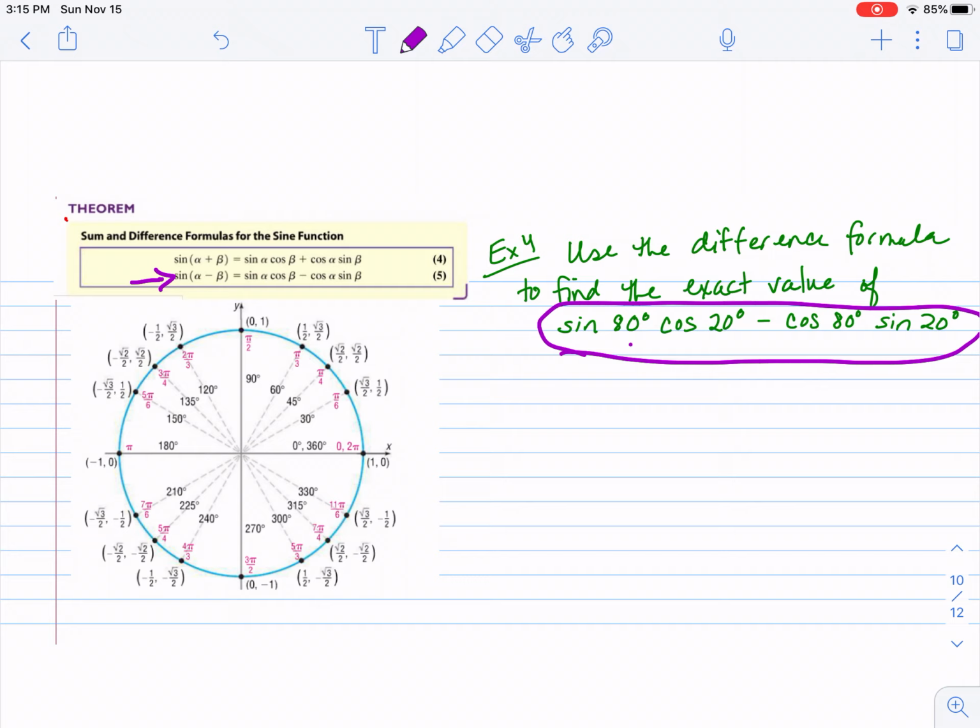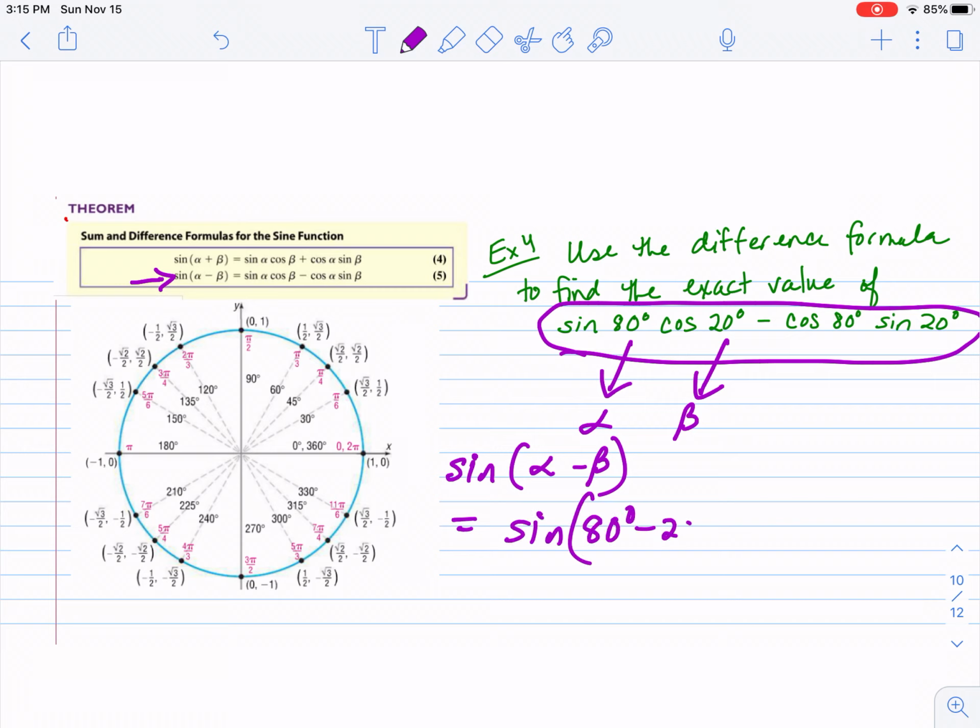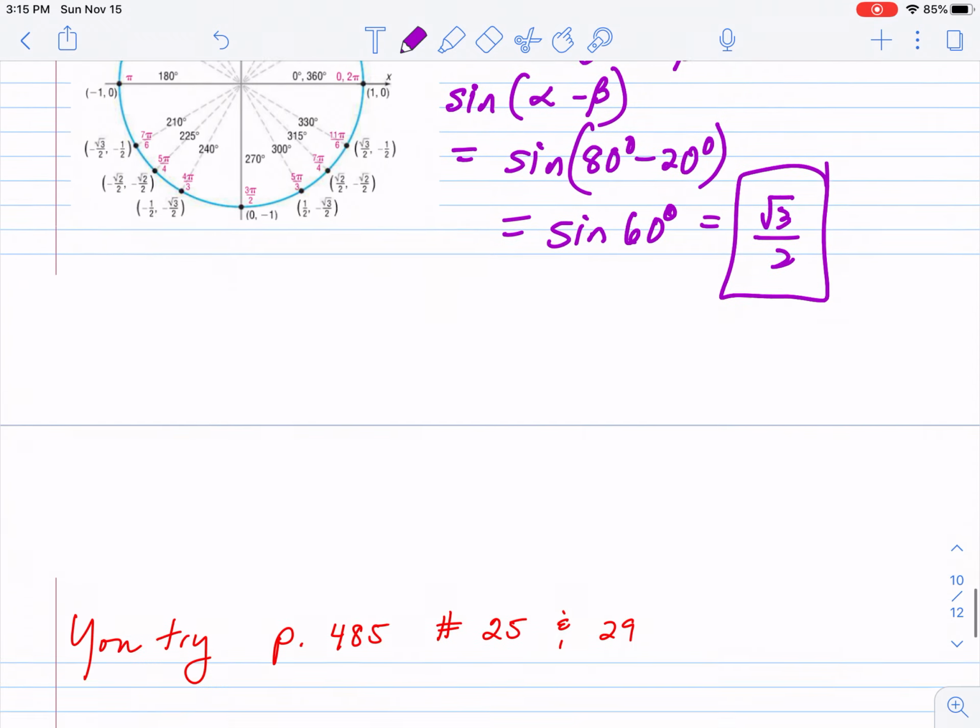So if that's the case, your 80 is your alpha, your 20 degrees is your beta, and like I just said, it's the difference, so that's going to be equal to the sine of alpha minus beta, which is equal to the sine of 80 degrees minus 20 degrees, which is equal to the sine of 60 degrees, which is going to equal rad 3 over 2. Okay, so pretty easy stuff.